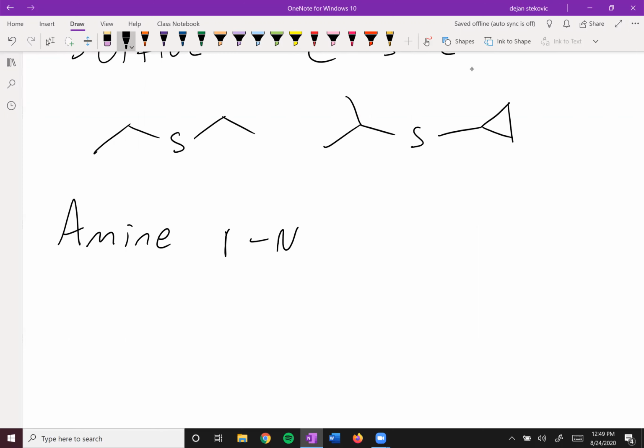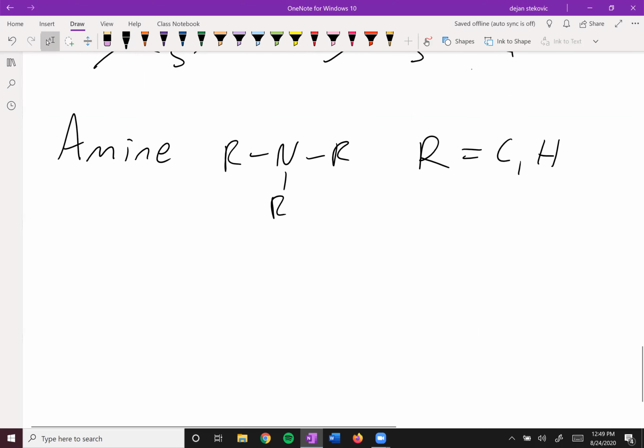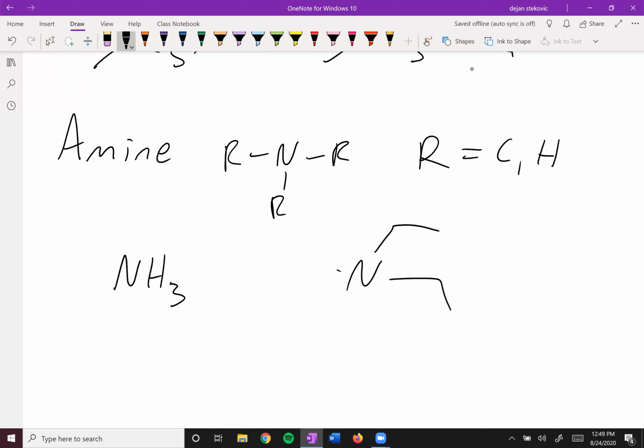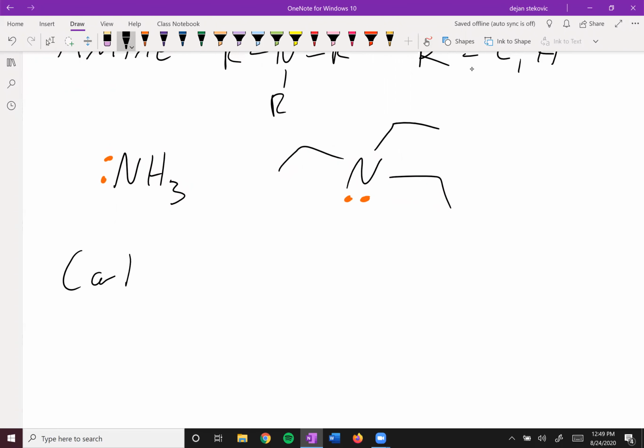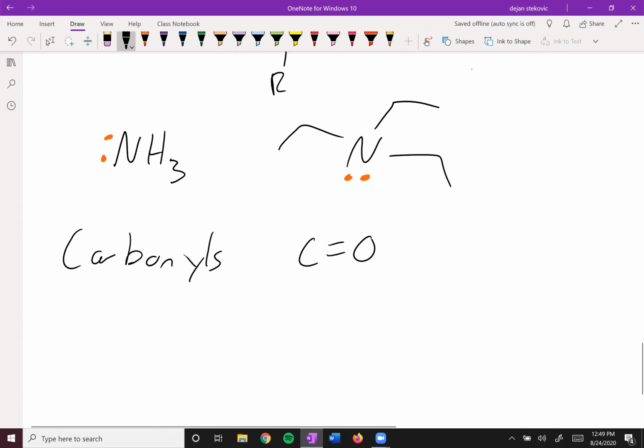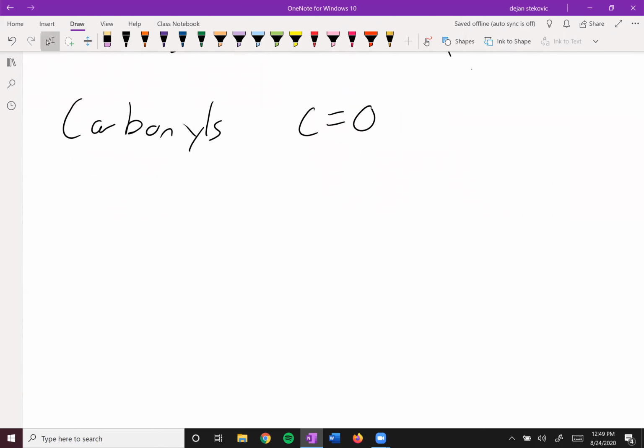So we have a nitrogen, and I'm just going to put R here. An R can be a carbon or a hydrogen. The simplest amine is ammonia, and that's just NH3. But we can have other types of amines, with some carbon-carbon or carbon-nitrogen bonds on there as well. Don't forget that this does indeed have a lone pair. Next up, we have carbonyls. These have a carbon-oxygen double bond, and there are many types of carbonyls.